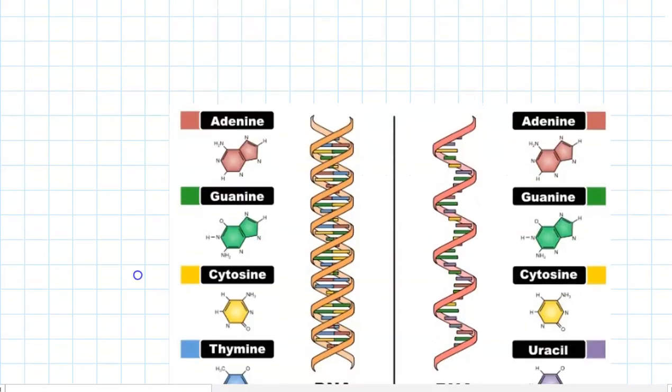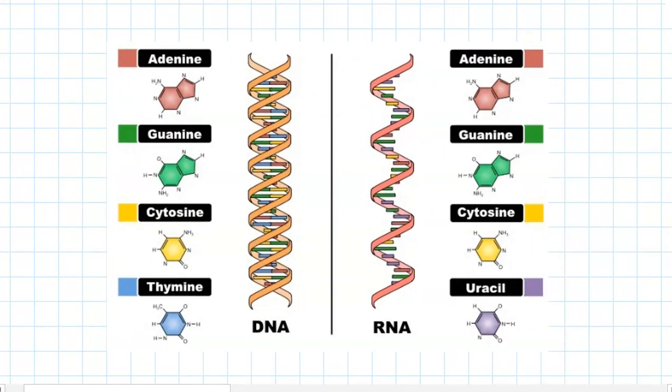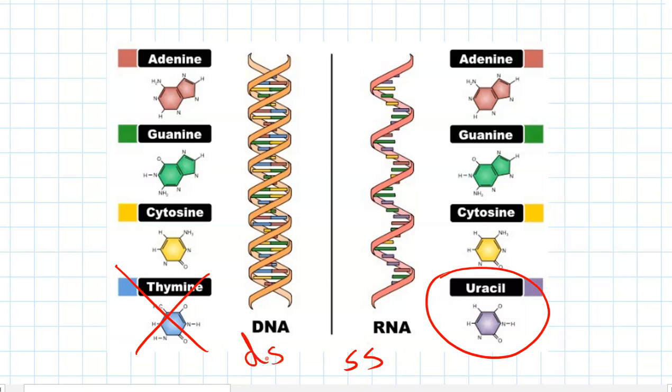But we also need to compare that to RNA. So the last little bit we'll look at the comparison. Firstly, remember that RNA is different because it has the base uracil instead of thymine. And RNA is only single-stranded, whereas DNA was double-stranded.